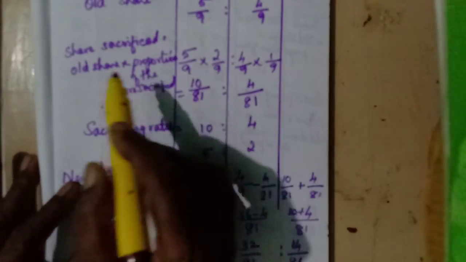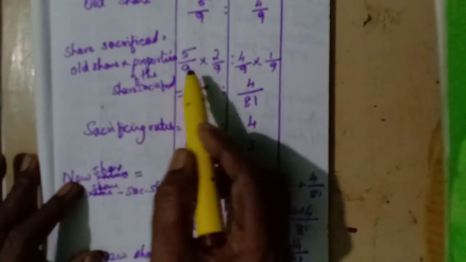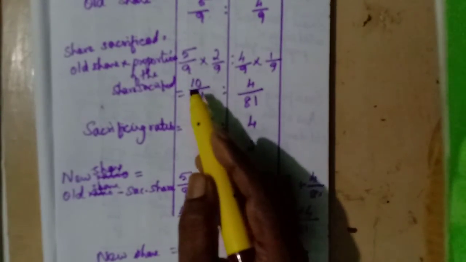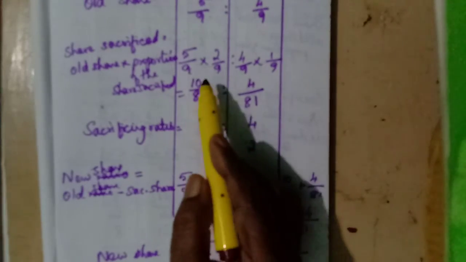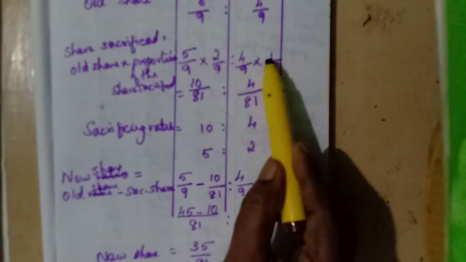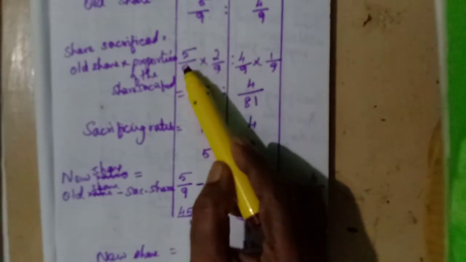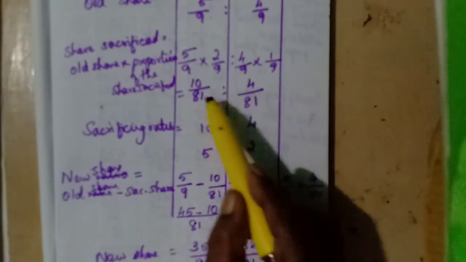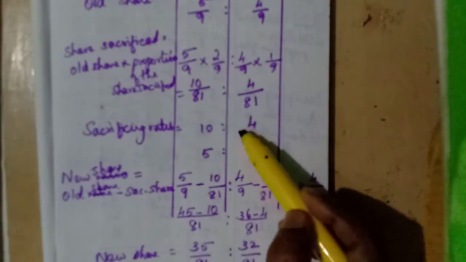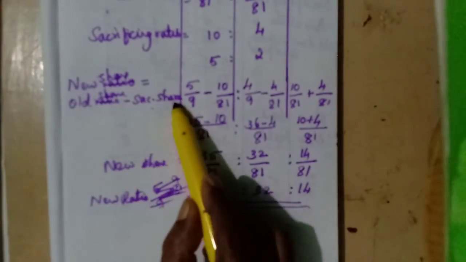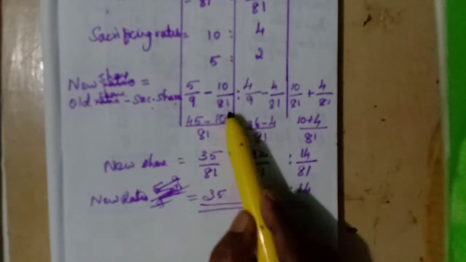First we need to calculate the sacrificing share, how much they are sacrificing, because they have given the proportion. Proportion is given 2:1. So in their old share we need to calculate their sacrificing share, then sacrificing ratio. Now we will calculate the new share: old share minus sacrificing share.